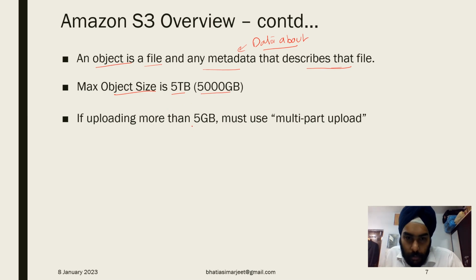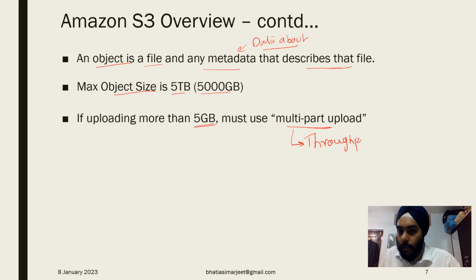And now this is a very major point: if you are uploading more than 5 gigabytes of data or file, you must use multi-part upload. Multi-part upload means that you are uploading that particular object in pieces or parts, which helps in keeping up the throughput, because you are not transferring the whole object in a single go.